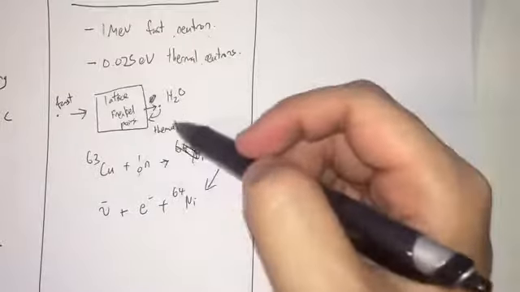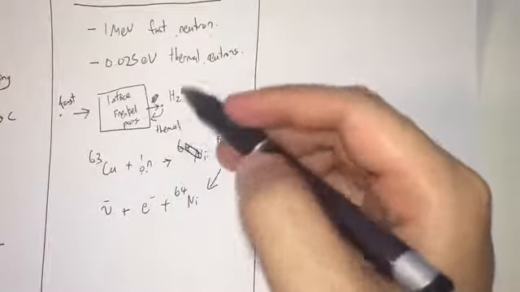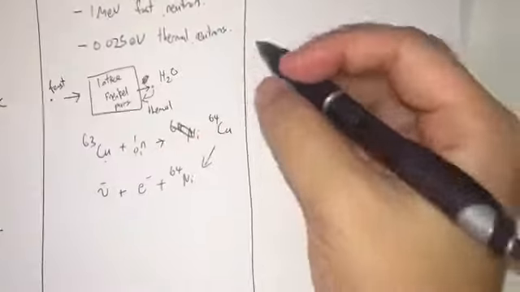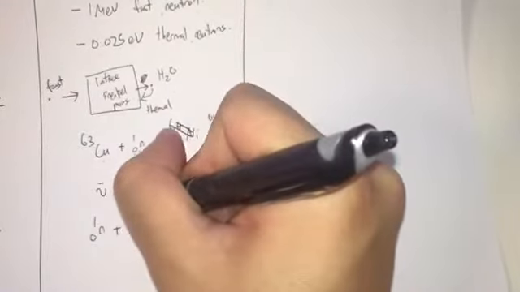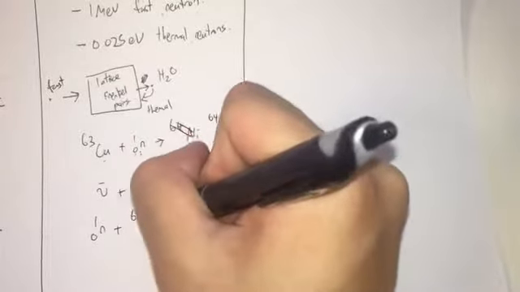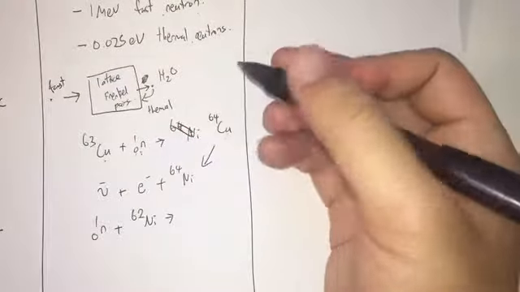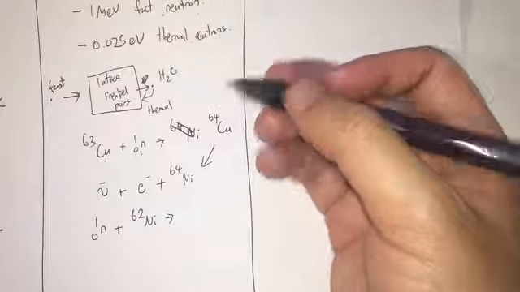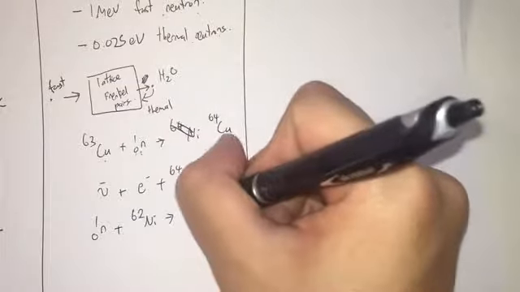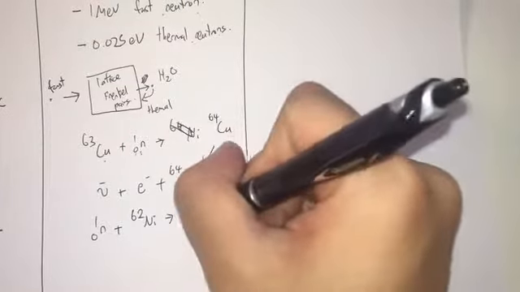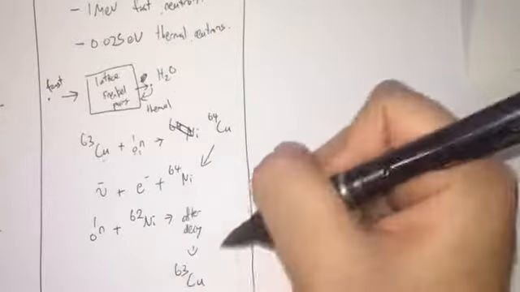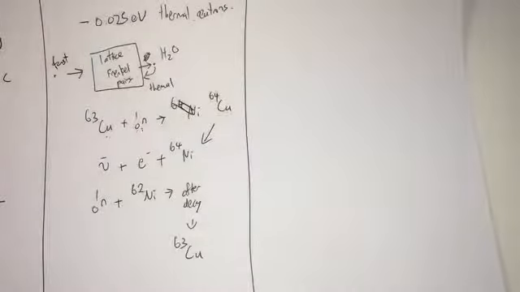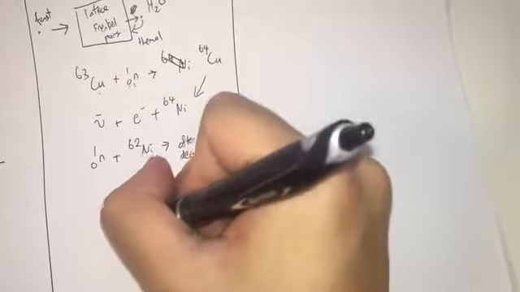Likewise, if neutrons are absorbed into, let's say, some of the native nickel there, it will go through a similar beta decay process, and at the end of it, after decay, it will form copper. Alright, so this is basically neutron transmutation.